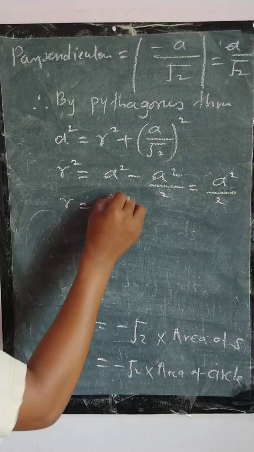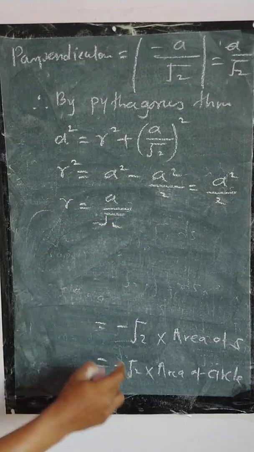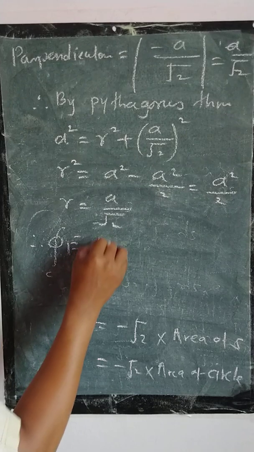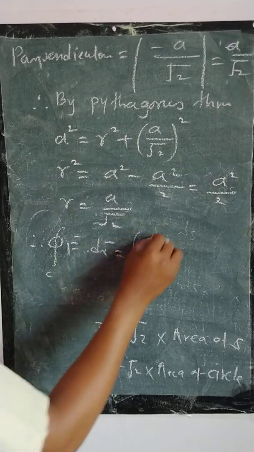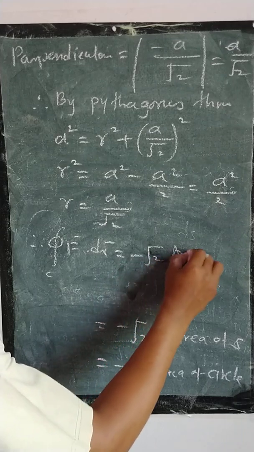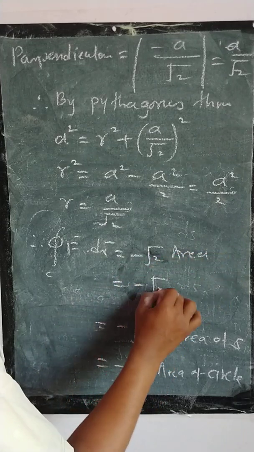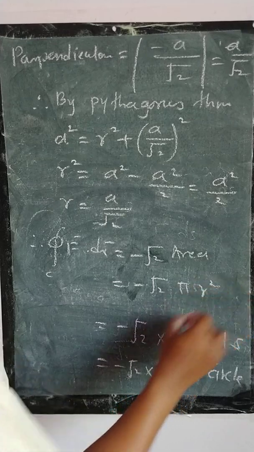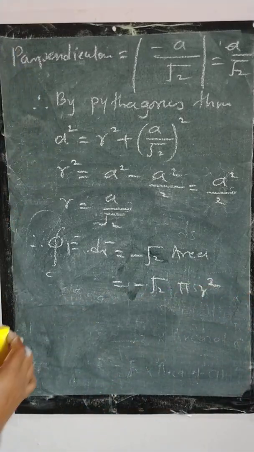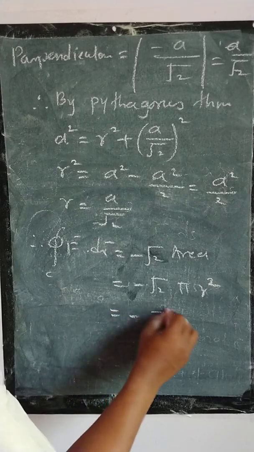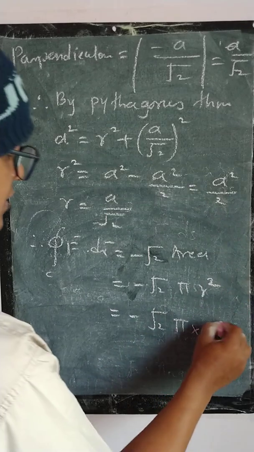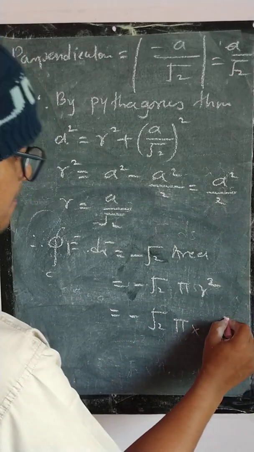So r is a by root 2, and therefore the line integral over the closed curve C of f bar dot dr bar is equal to minus root 2 times the area, which is minus root 2 times pi r squared, where r squared is a squared by 2.